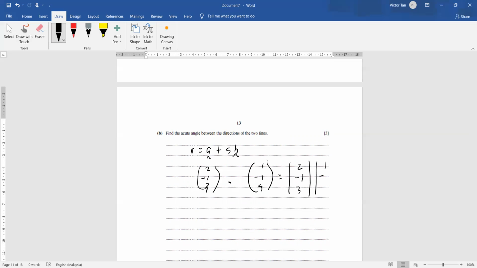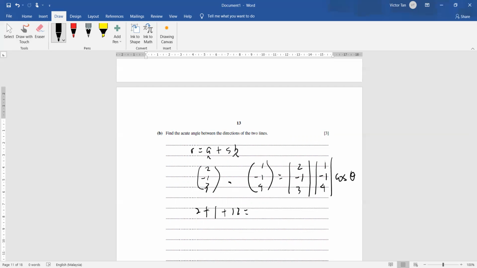The dot product equals the product of the magnitudes times cos theta. The dot product is 2 times 1, which is 2, plus minus 1 times minus 1, which is 1, and 3 times 4, which is 12.